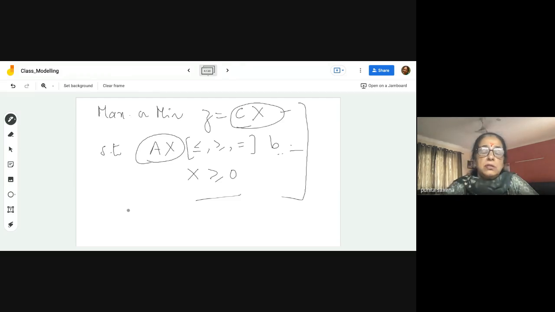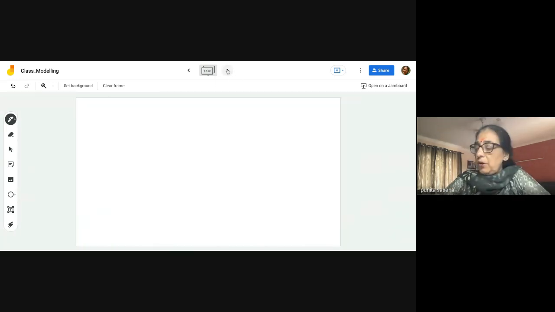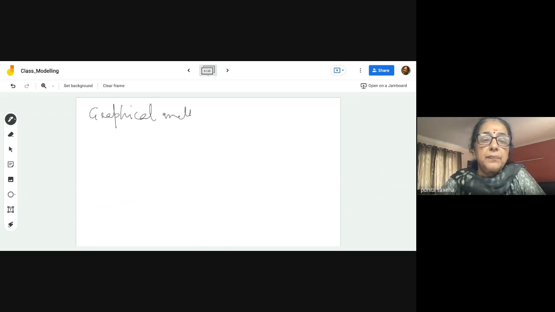Now we are developing an algebraic method of solving this problem. As I said the other day, the basis for developing the algebraic method is going to be the graphical method. In the graphical method, what did we do? We obtained what we call the feasible region.